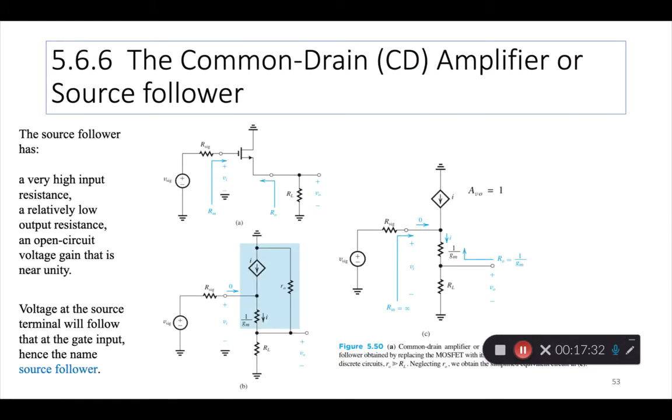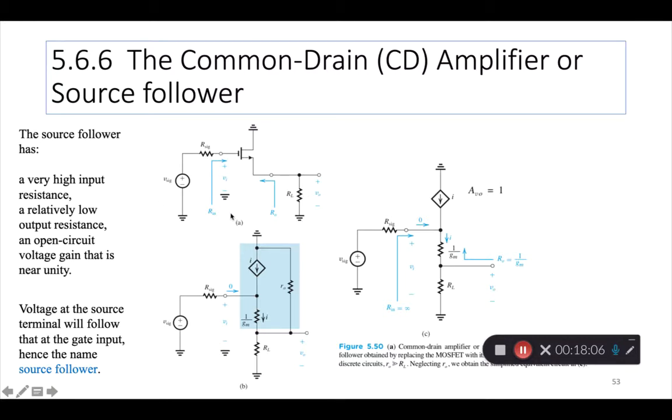Okay, finally we have the common drain amplifier or source follower. This is similar to the emitter follower in the BJT case. The source follower has a very high input resistance, a relatively low output resistance, and an open circuit voltage gain that is near unity. That means almost 1. Voltage at the source terminal, so that source terminal is where the output comes out, right?